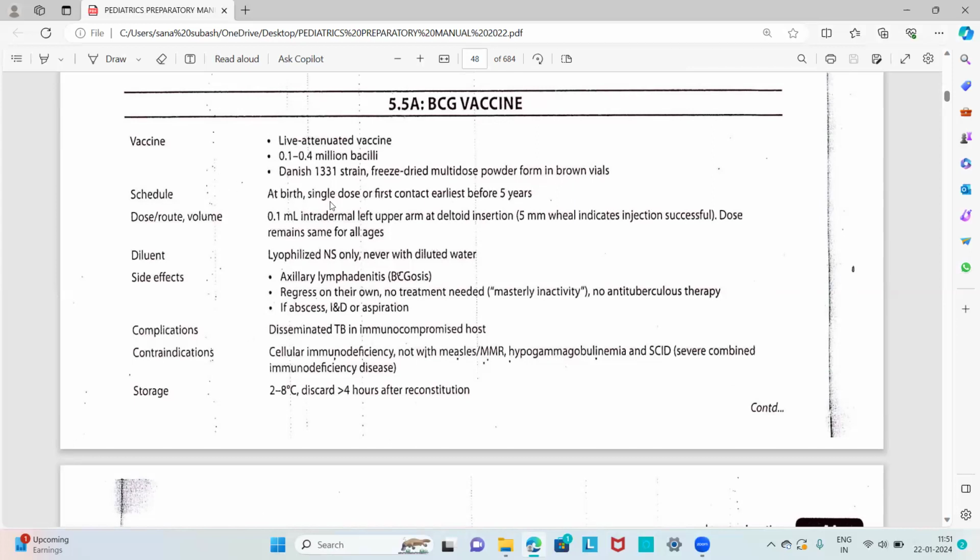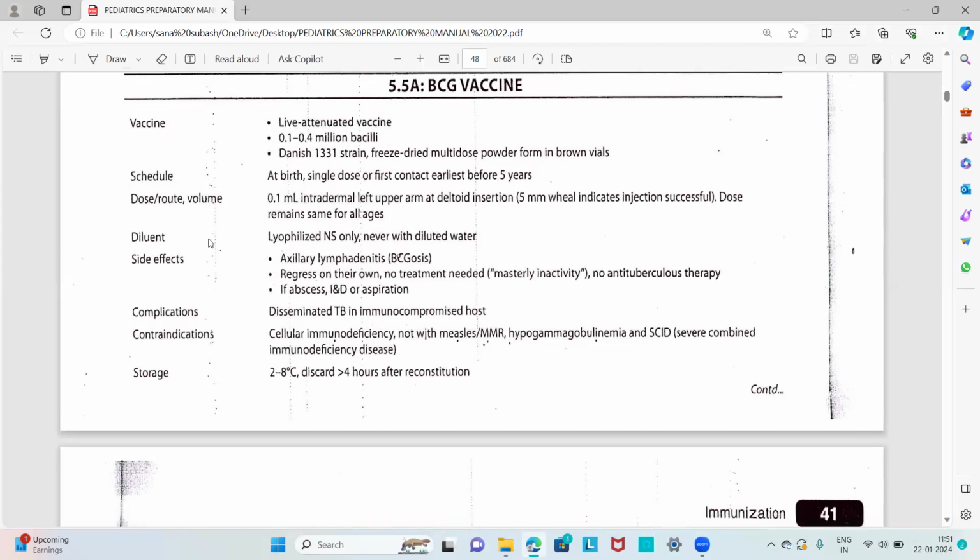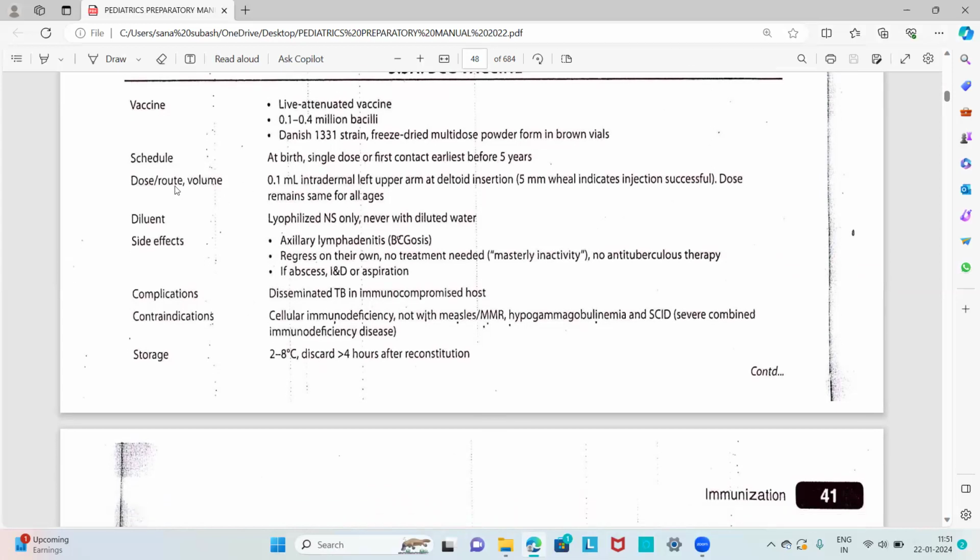Schedule is at birth, a single dose, or first contact earlier before 5 years of age. In the recent schedule, we have to give within 1 year of age. The dose is 0.1 ml intradermal at the left upper arm at the deltoid insertion, and the dose remains the same for all ages. And the diluent is normal saline only, never distilled water.